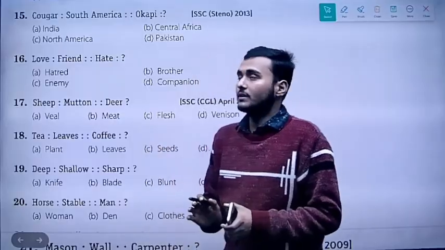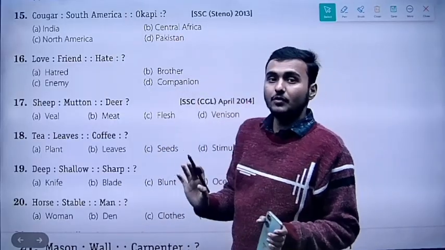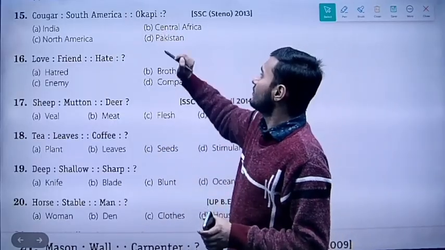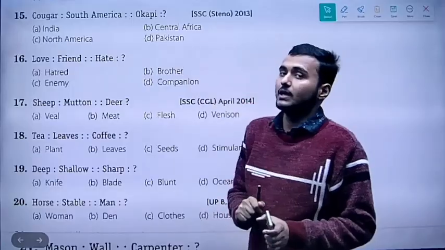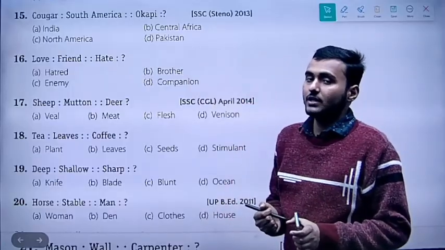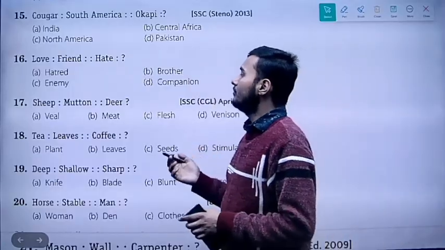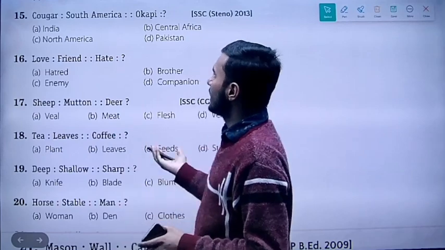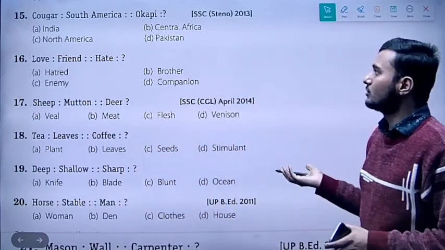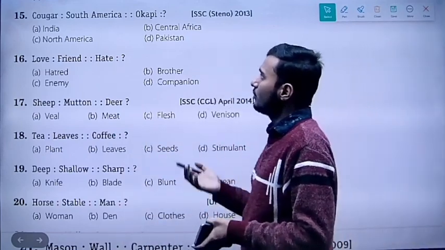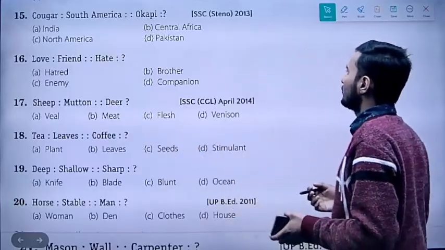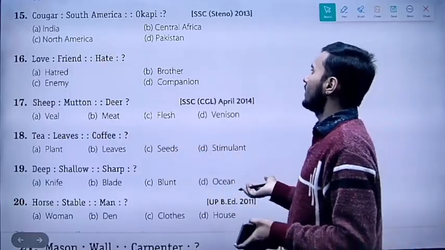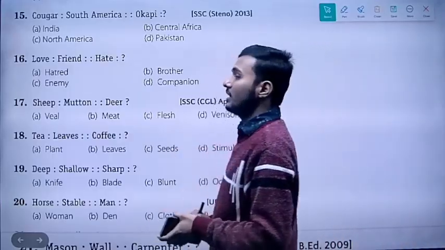Then okapi is also an animal, and where is okapi found? Okapi is generally found in Central Africa. We clearly see that cougar is related to South America, because cougar is found there. So we have to answer where okapi is found. The correct answer is option B, Central Africa.